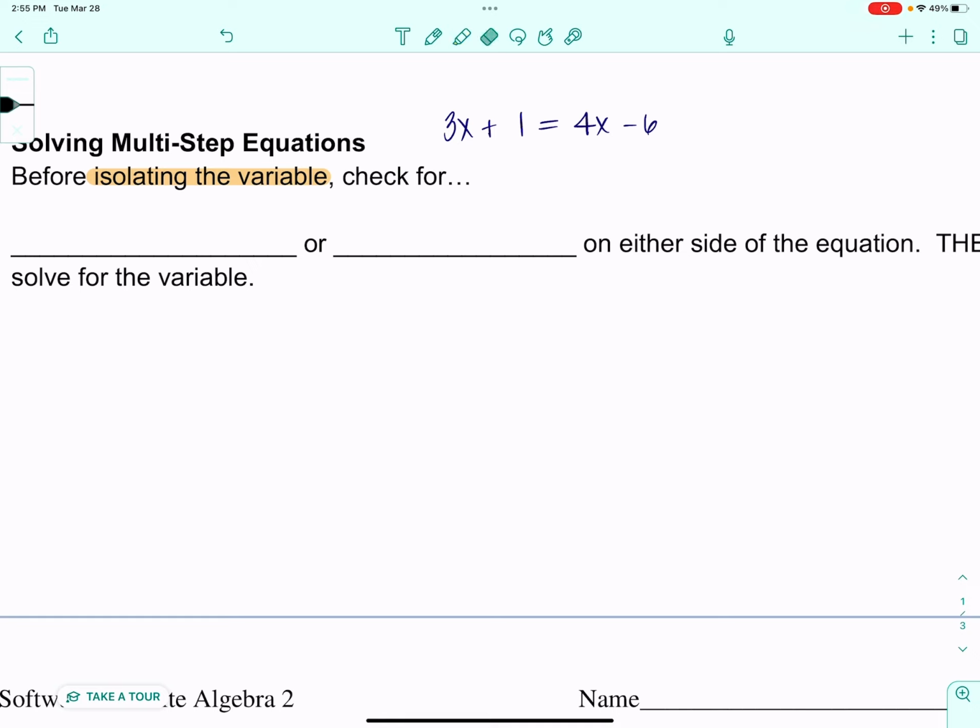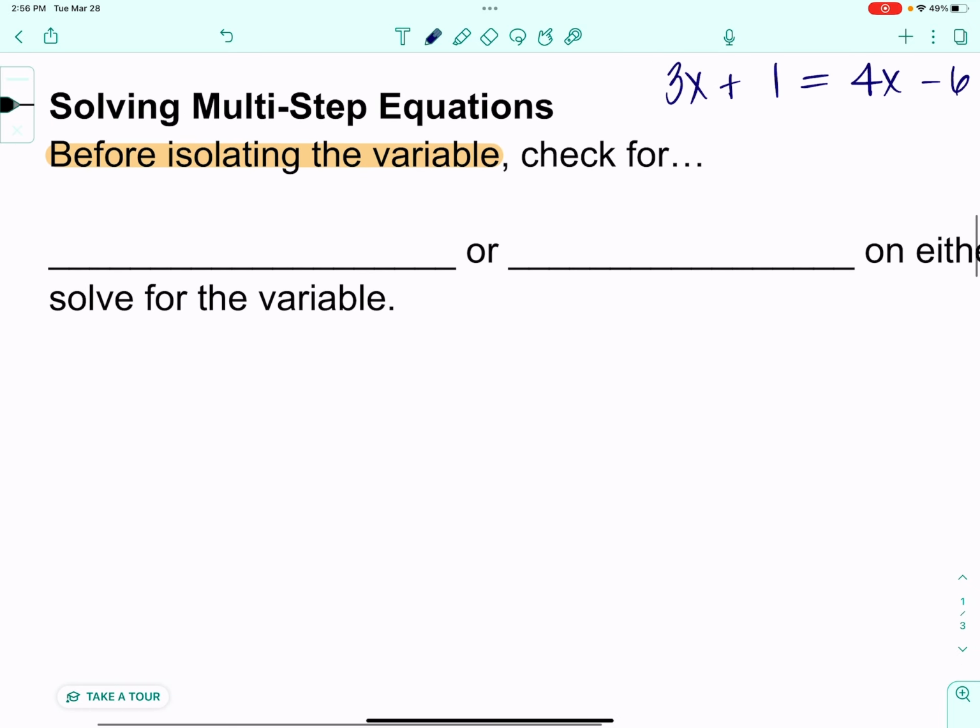When we solved single variable equations, or single step equations, we were able to jump right in. The problem now is before we isolate the variable, we have to look for some things. The first thing we are going to do is check for like terms.